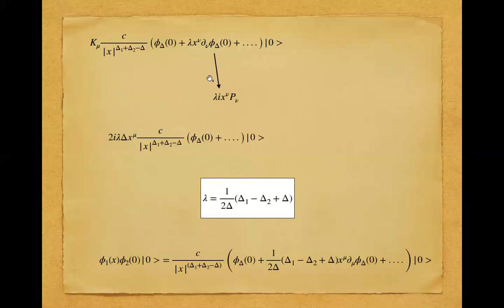From the right hand side, again, K-mu will go through and hit the phi delta, but since this is a primary, it will give you 0. So it will hit directly here. Then you write this derivative as p nu, and you use the commutation relation between k mu and p nu, and that will essentially at the end give you this. These are details, you don't necessarily have to follow them, but the point is that you can do this exercise, and at the end you get this lambda.